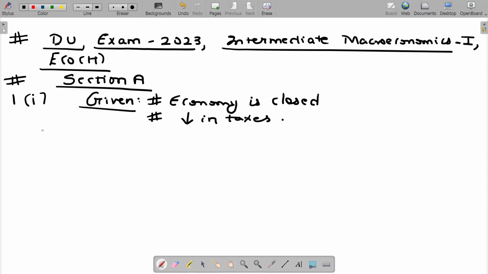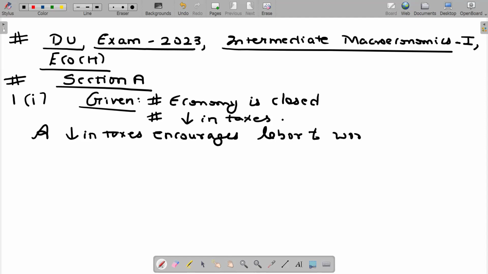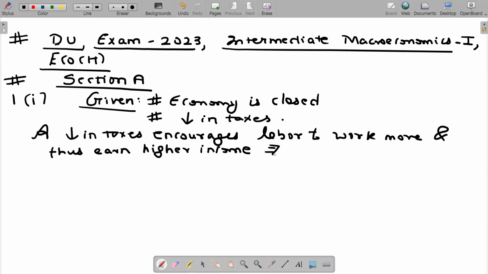So I can write that a fall in taxes encourages labor to work more and thus earn higher income, which implies an increase in aggregate demand. When they earn higher income, they are going to demand more goods and services.